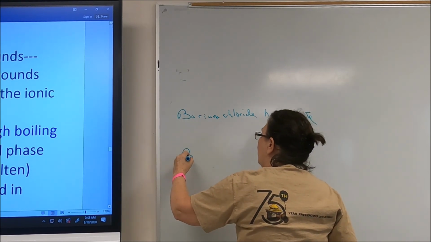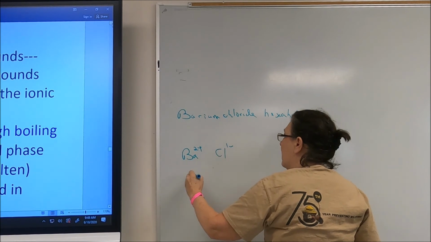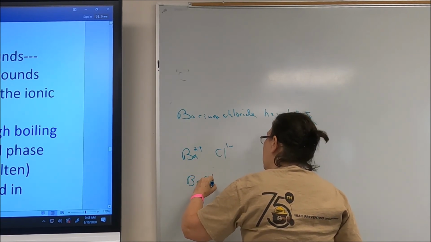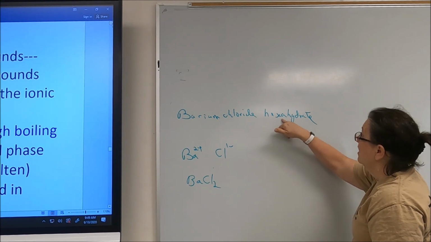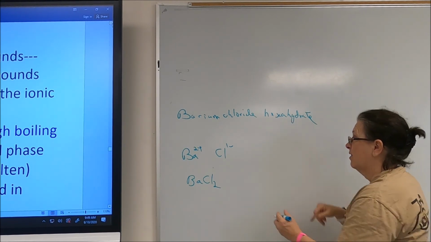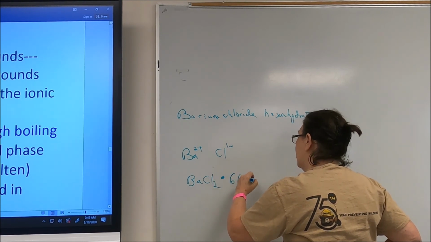Well, I know that barium is 2 plus and the chloride is 1 minus, so BaCl2. And then I have 6 waters because it's hexa. So I'll put a dot here, 6H2O.